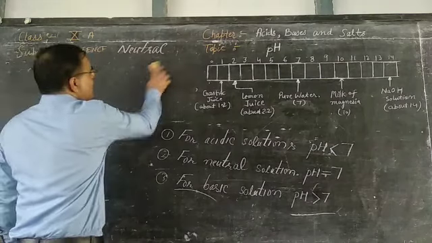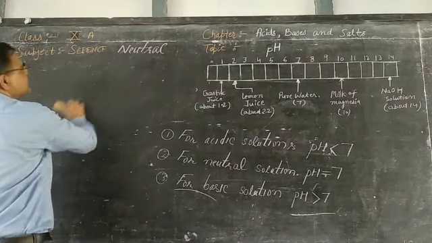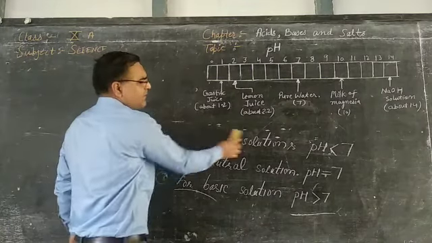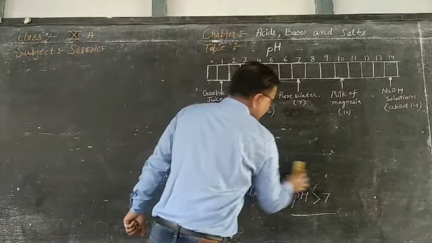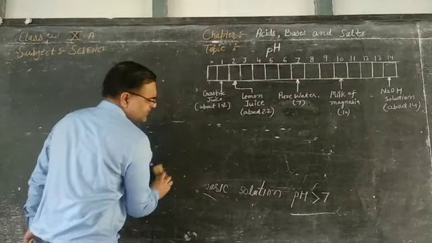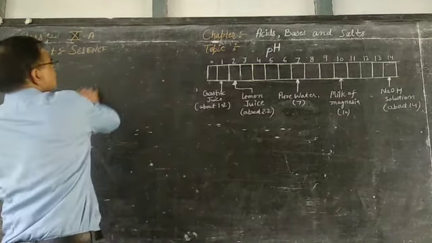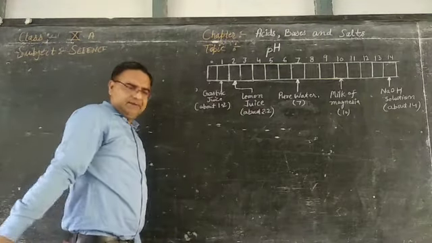We can also find out which solution has more H+ concentration and which has more OH- concentration. And if the H+ concentration and OH- concentration are equal, it means that the solution is neutral.